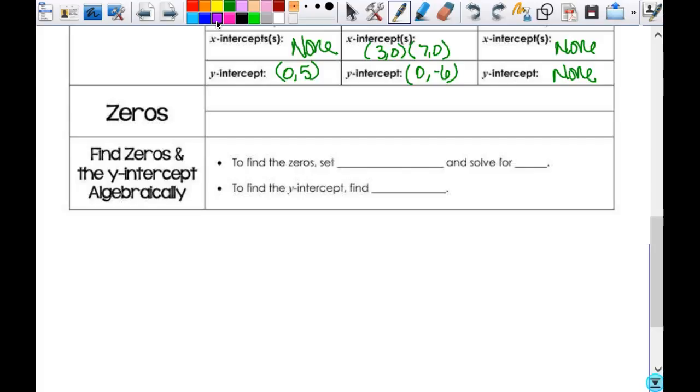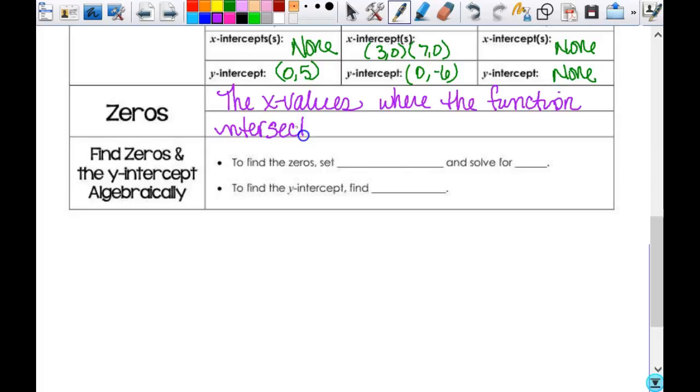You don't when they're zeros, because the zeros are the x values where the function intersects the x-axis. Okay.